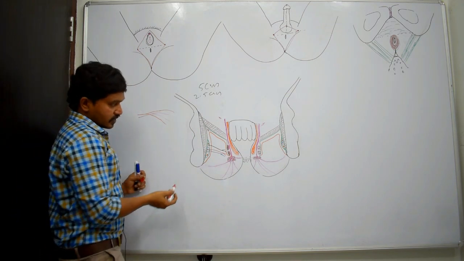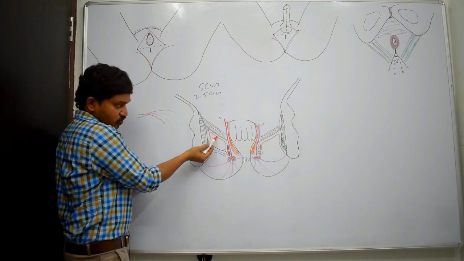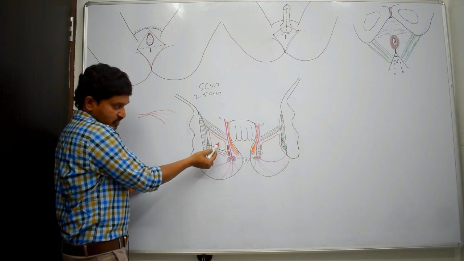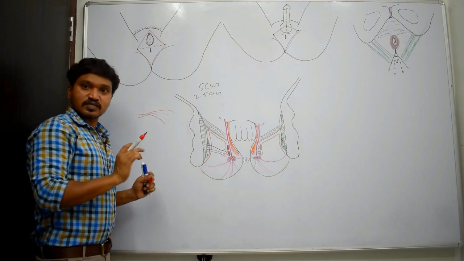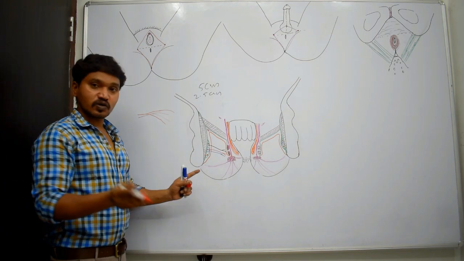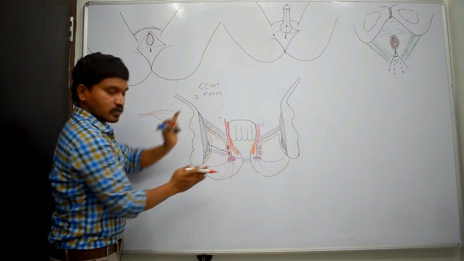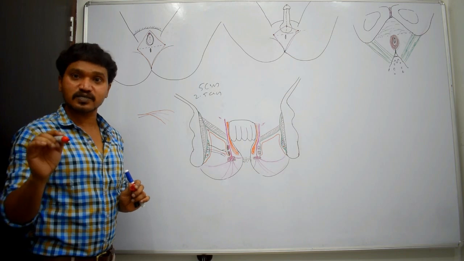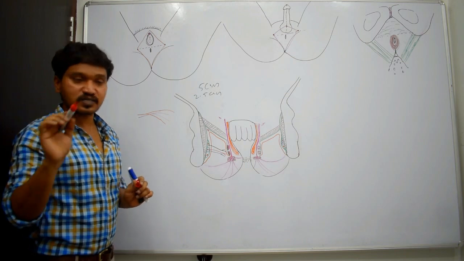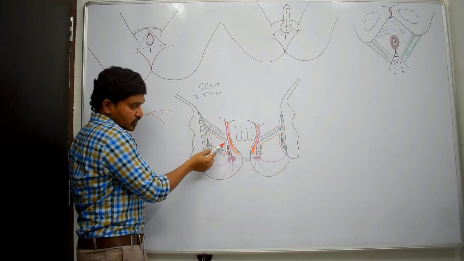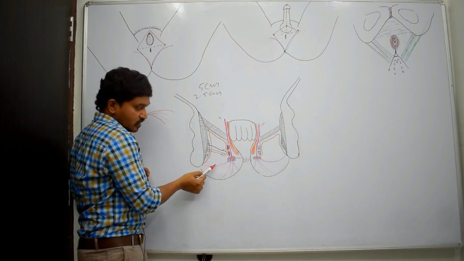Then in between the lunate fascia and the perianal fascia, this space is the ischioanal space. Ischiorectal fossa is the total name. But the ischioanal or ischiorectal space is the space present in between the lunate fascia above and the perianal fascia below.